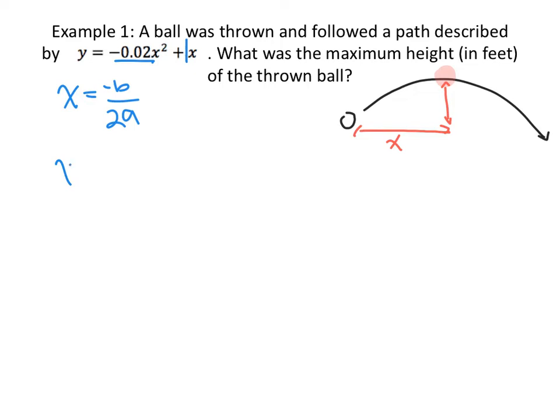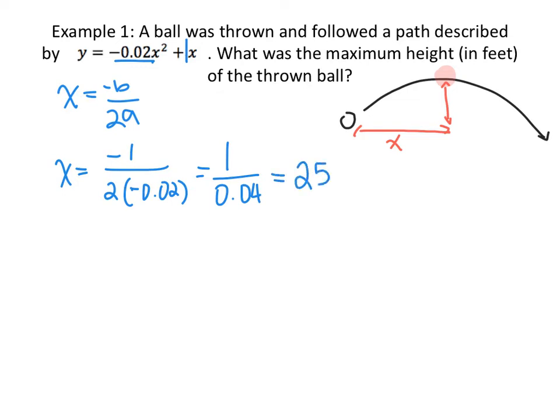So I have x is equal to negative 1 over 2 times negative 0.02. Using a calculator, I'm able to simplify this to be 1 over 0.04. Simplifying once more, we have x is equal to 25. So the x value of my vertex is 25.